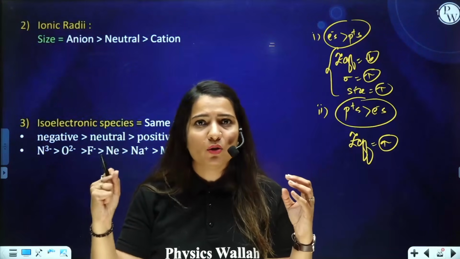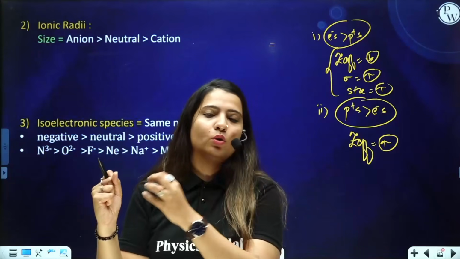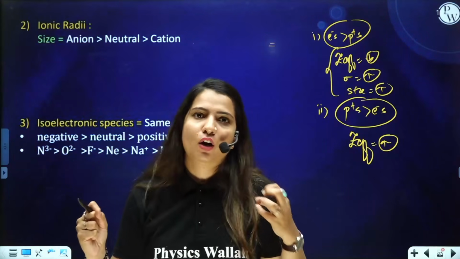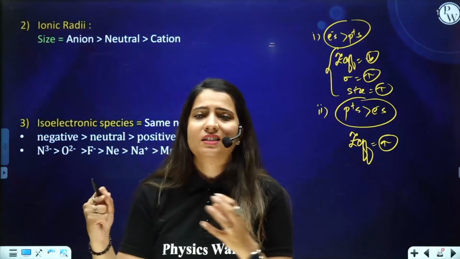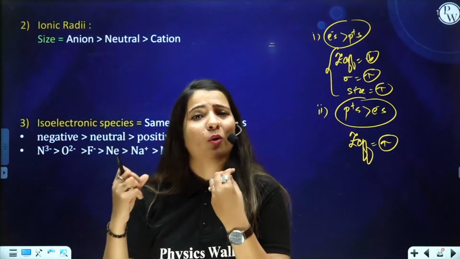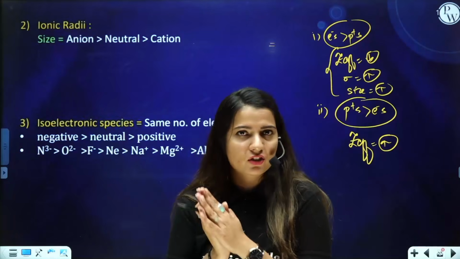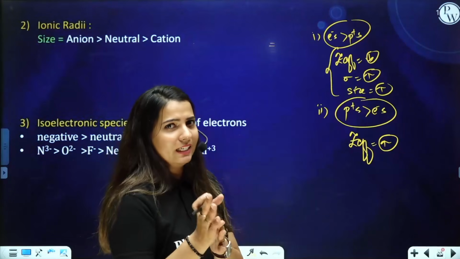So the outermost electron is not able to get the proper attraction of the nucleus. Whatever charge this outermost electron is actually getting is called the effective nuclear charge. There is an equation: Z effective is equal to Z minus sigma.